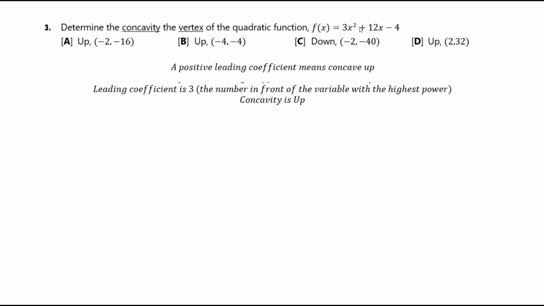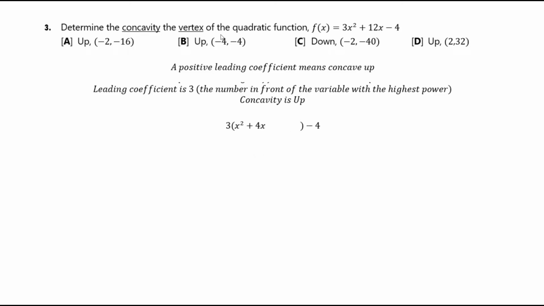In this case, the highest power is x squared, and so the leading coefficient is 3. If the leading coefficient is positive, that means concave up, or a smiley face. So it's going to look like a U. If the leading coefficient is negative, then it's going to be concave down, and it's going to look like a frown. In this case, we have concave up since we have positive 3 as a leading coefficient.